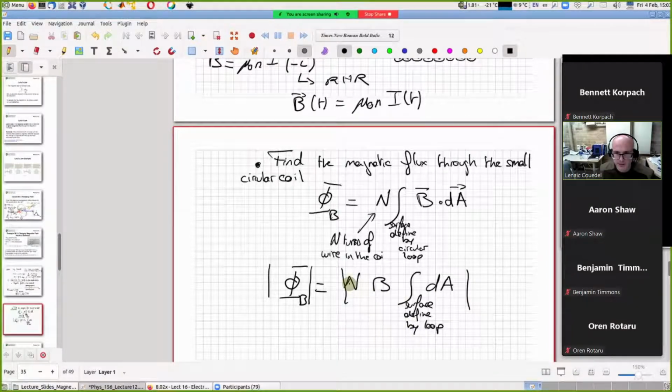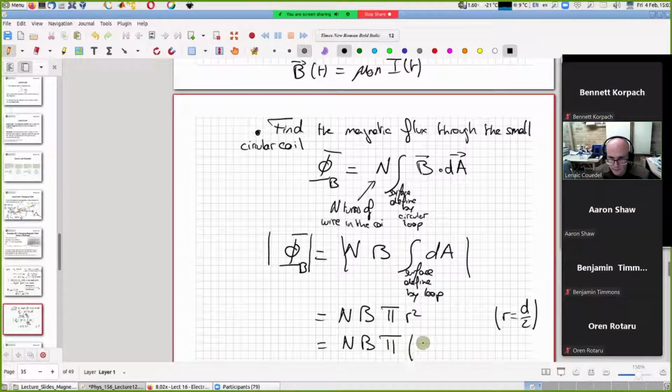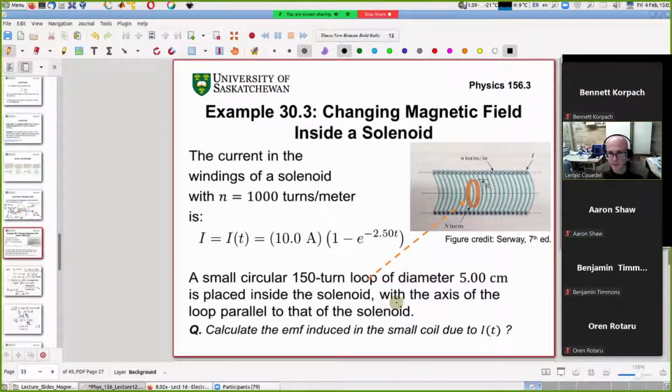What is the surface of a circle? Pi r squared. Yep, and so here we have N B pi r squared, and r equals d over 2. So we have N B pi (d over 2) squared, because in the givens, we know the diameter of the loop.